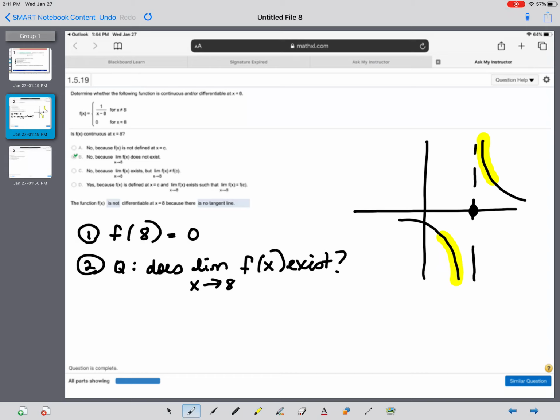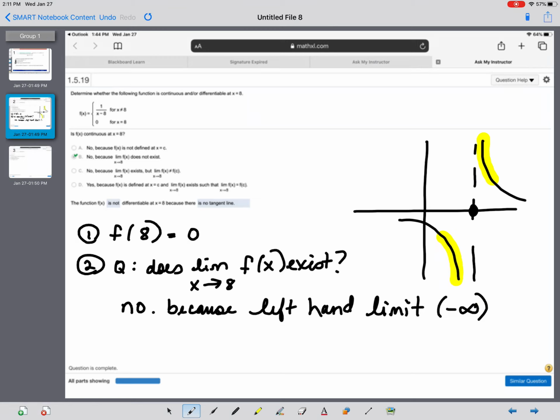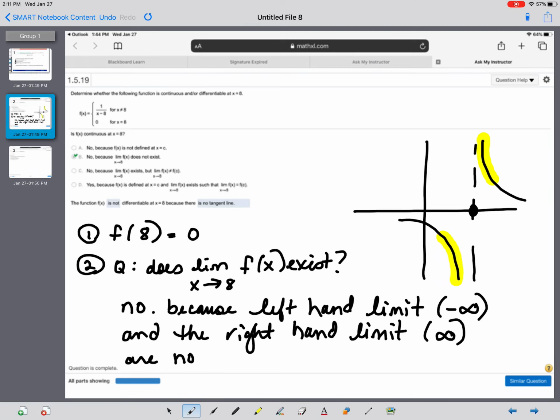The answer to our question, does it exist, is no, because the left hand limit, which is coming in from the left, is negative infinity, and the right hand limit, which is continuing on to positive infinity, are not equal.